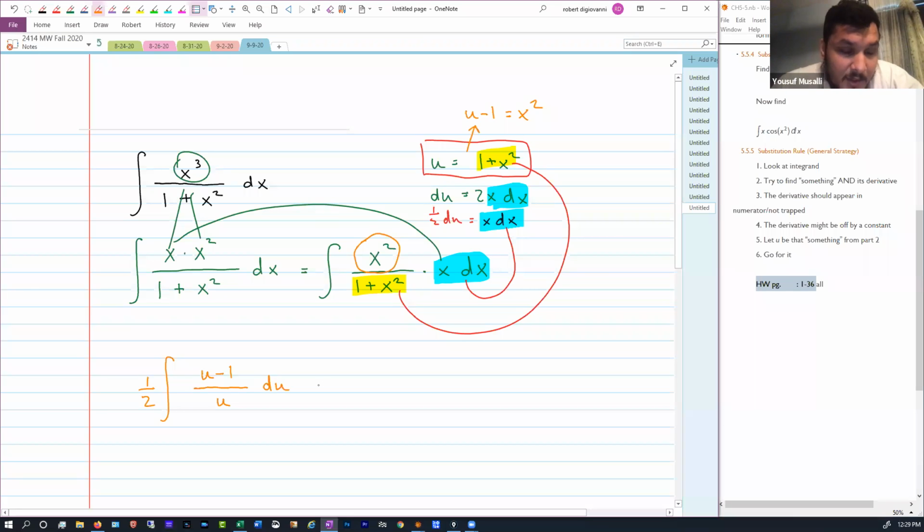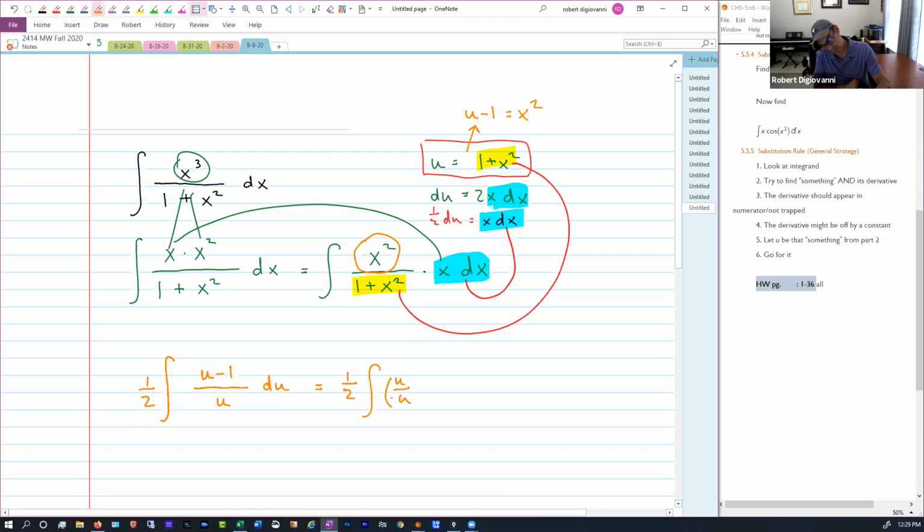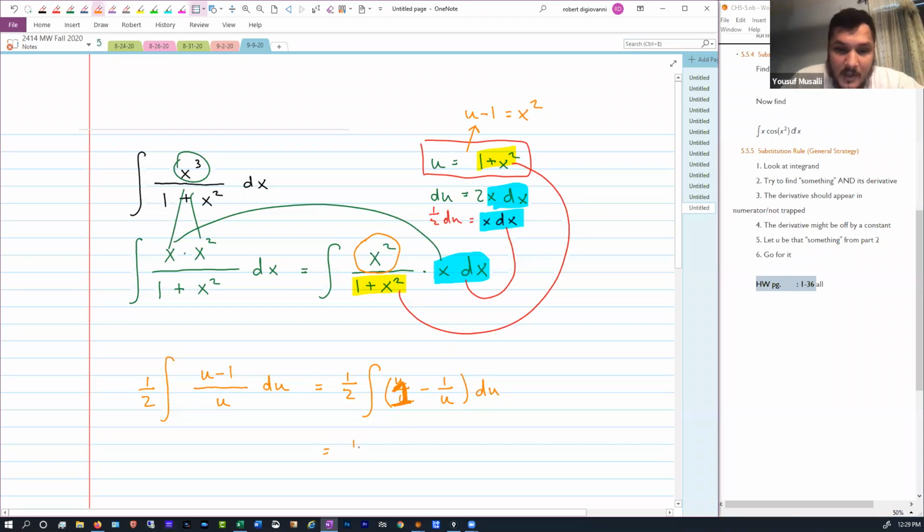Now you can go ahead and separate those into u over u. Yep, u over u minus 1 over u du, and of course u over u is just 1. And that will become natural log of u, or absolute value of u. So now the antiderivative. What's the antiderivative of 1?